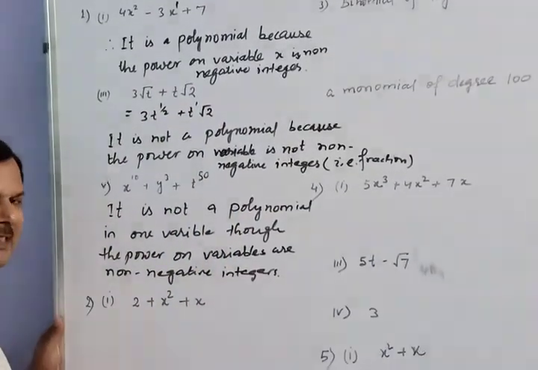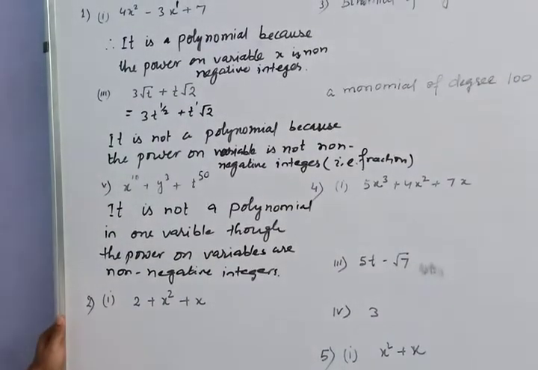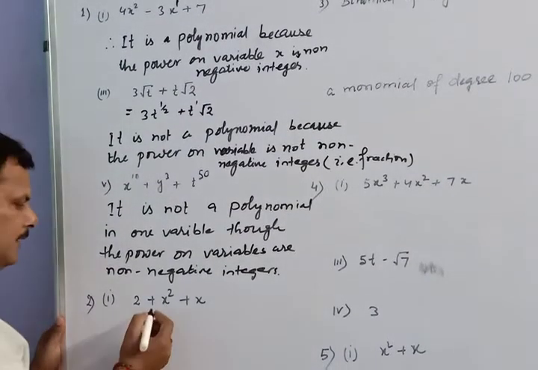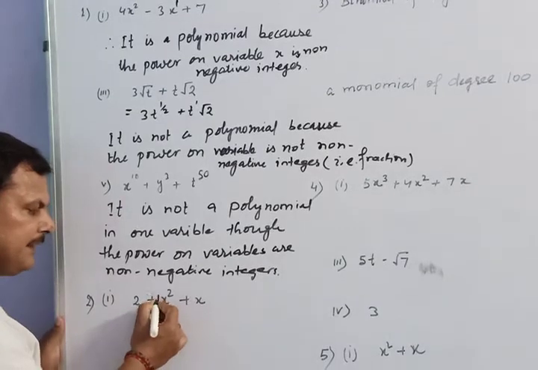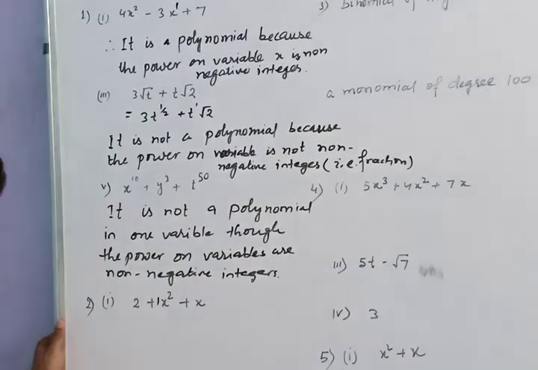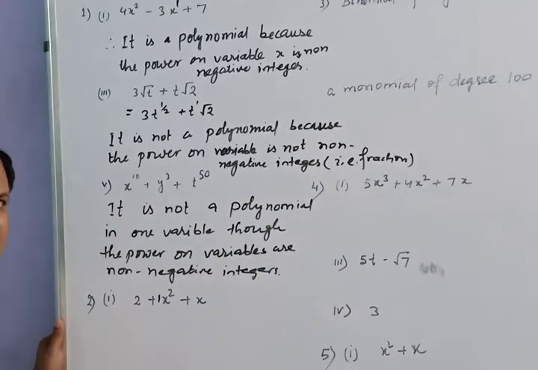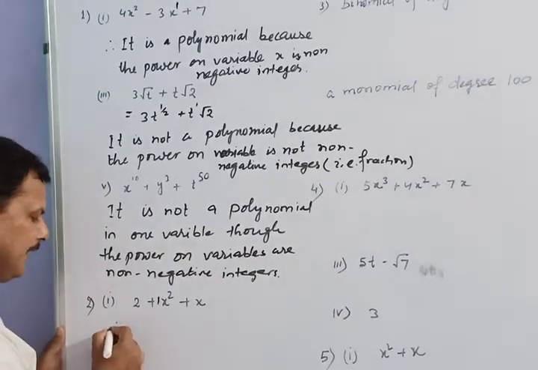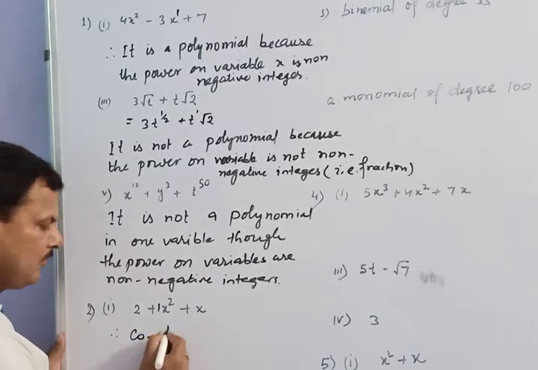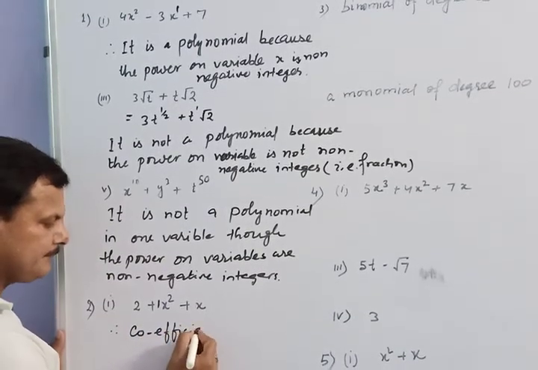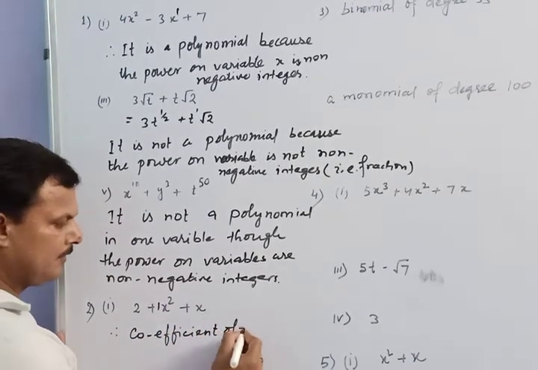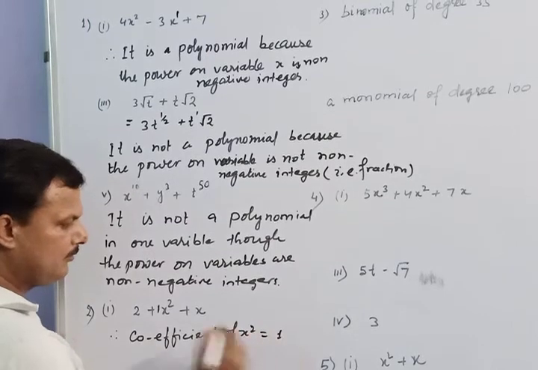In question number second, we have to find the coefficient of x square. Coefficient means whatever is written or hidden in front of x square, that is said to be the coefficient of x square. We will write, therefore, the coefficient of x square is equal to 1.